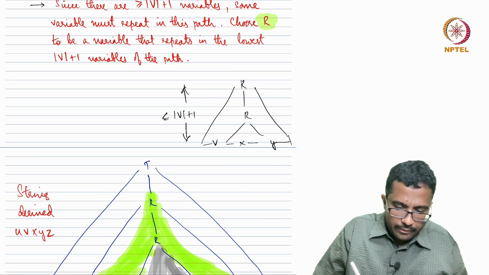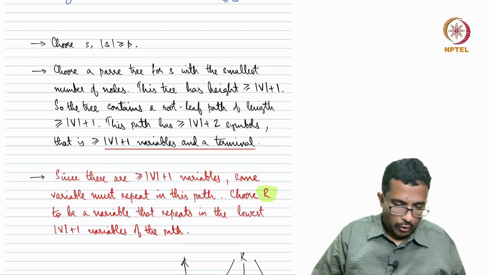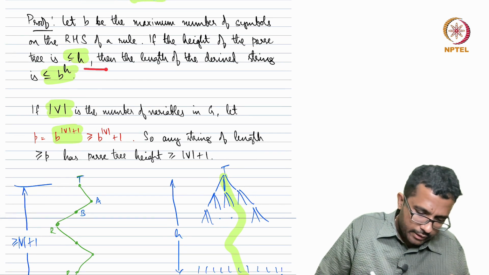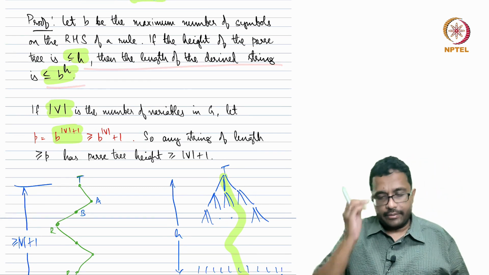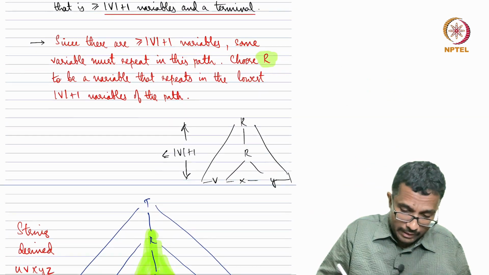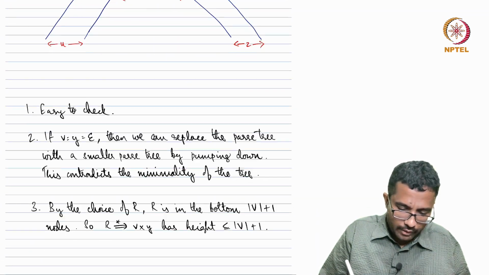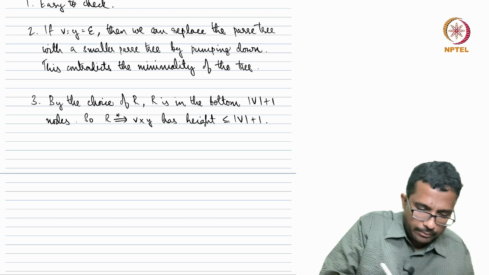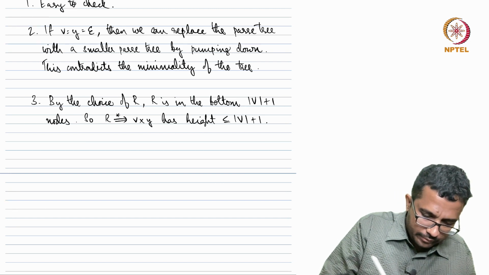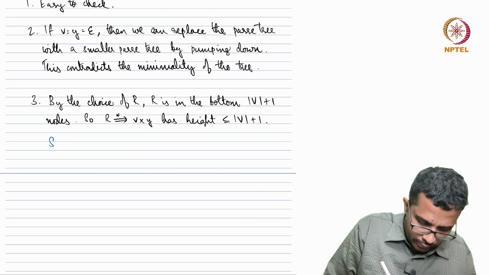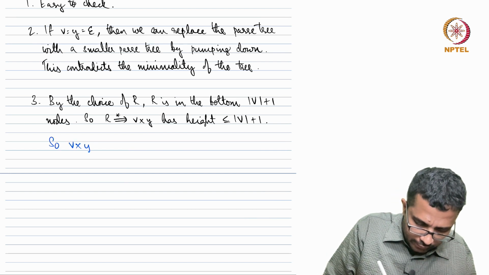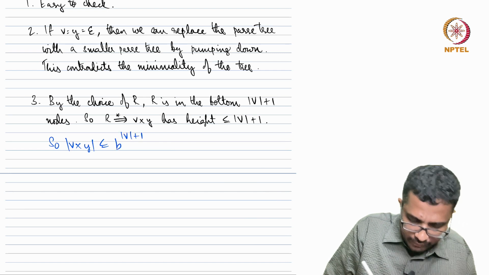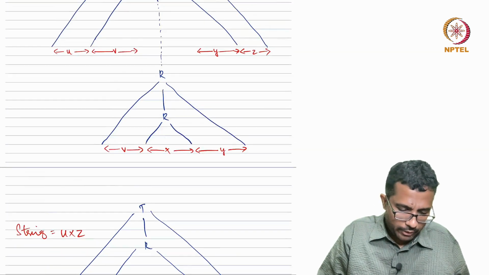This means that for any tree of height h, as we already said here, the length of the string is at most b power h. So r has height at most v plus 1, and the length of vxy is at most b power v plus 1. And what is b power v plus 1?